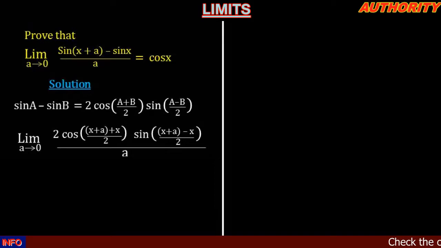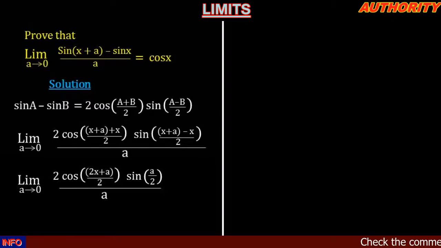Alright, good. Let's work on inside the bracket. Inside the bracket we have (x + a) + x. So when we open this bracket, we have x + x, which is equal to 2x. So we have (2x + a)/2, and since it is under cos, we have cos((2x + a)/2).